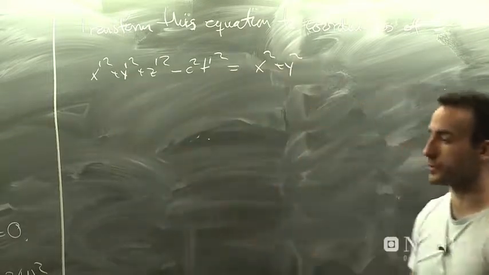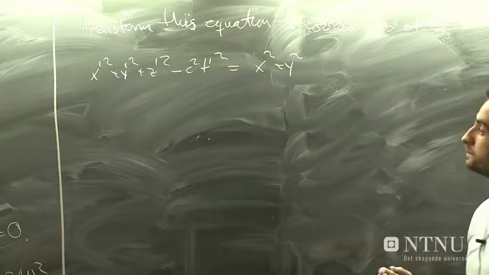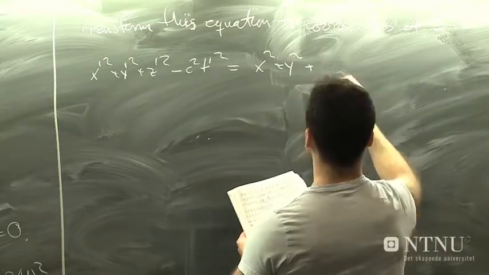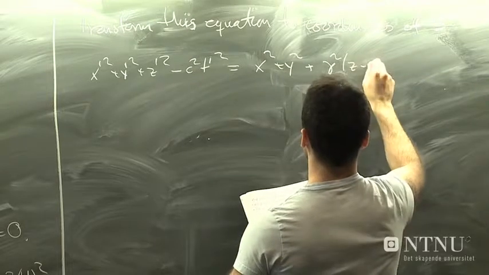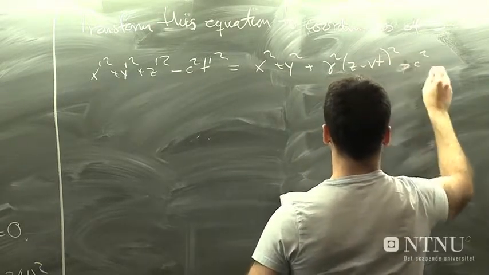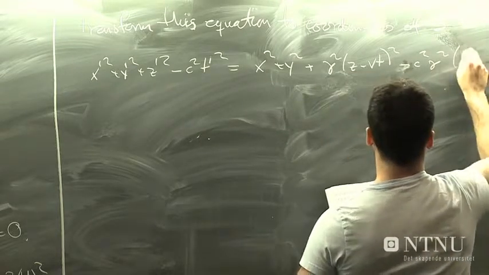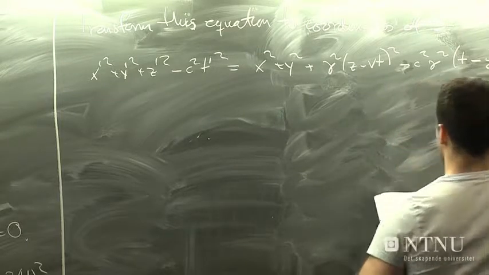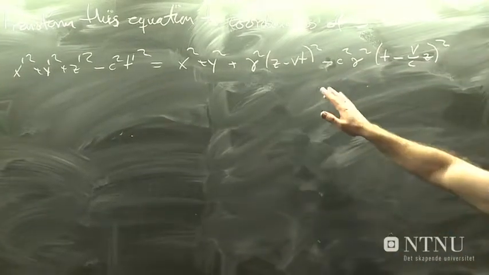Okay, so the first two terms are trivial. They're just the same. And then we use these transformations for z prime and t prime.